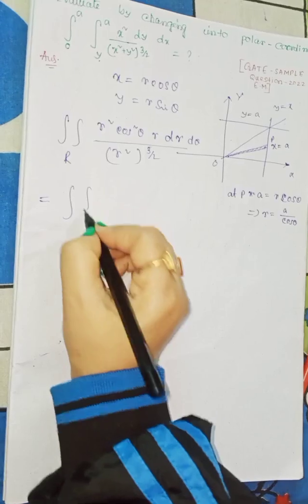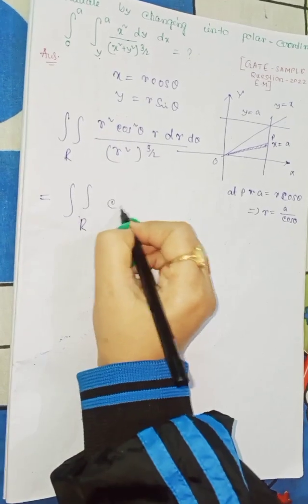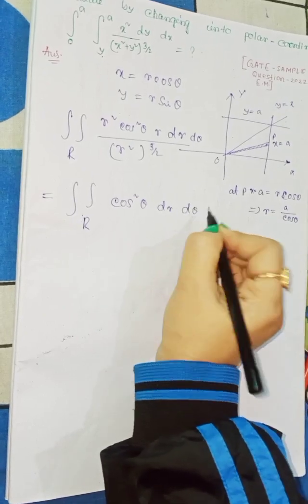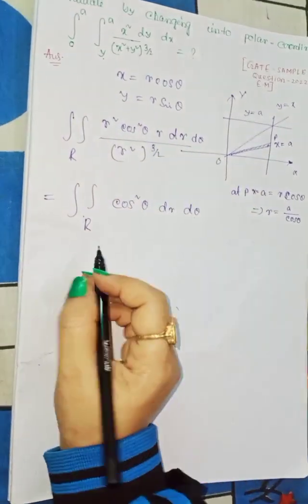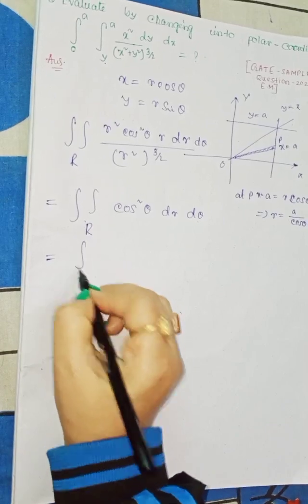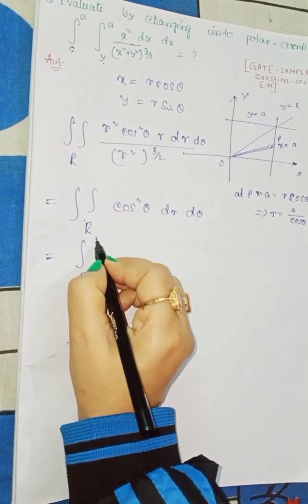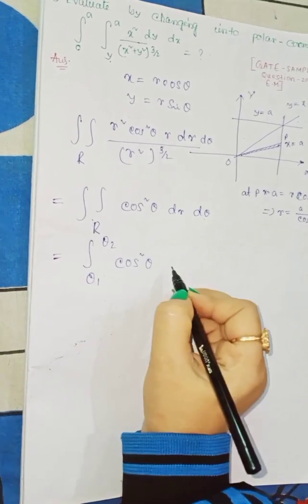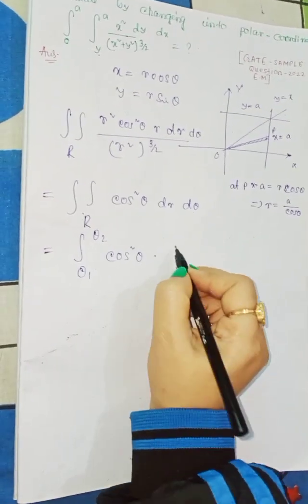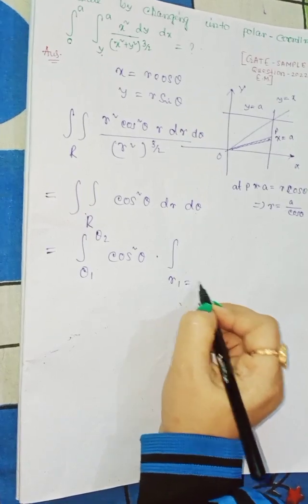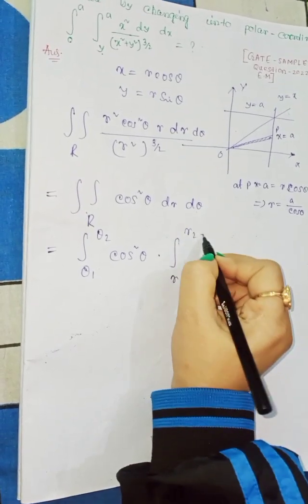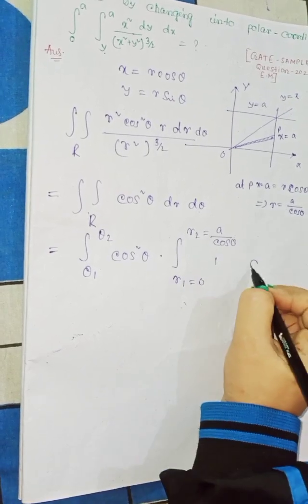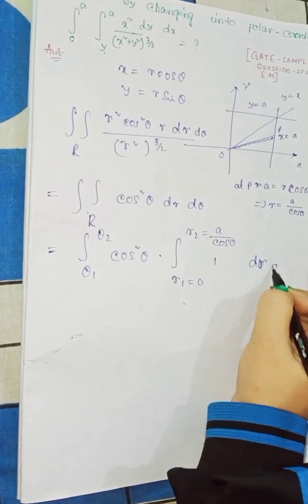So the double integration of r cos square theta dr d theta, as r cube and r cube is cancelled off. So just dividing this one, theta 1 to theta 2, cos square theta into r1 is equal to 0 to r2 is equal to a by cos of theta, dr d theta.